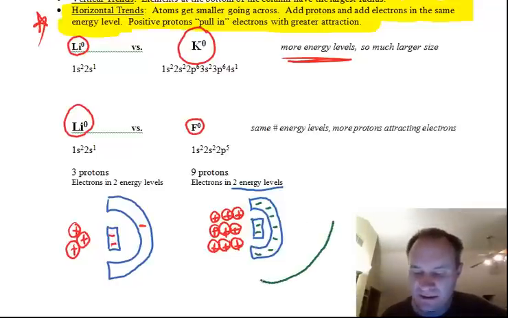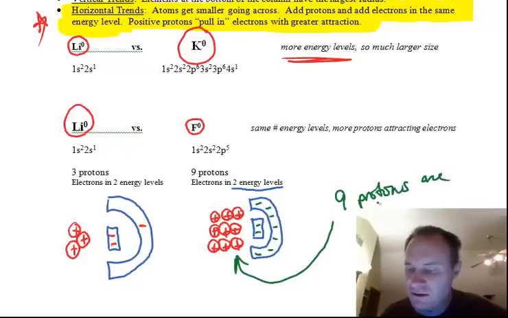The key to recognize is that the 9 protons are pulling on 2 energy levels.